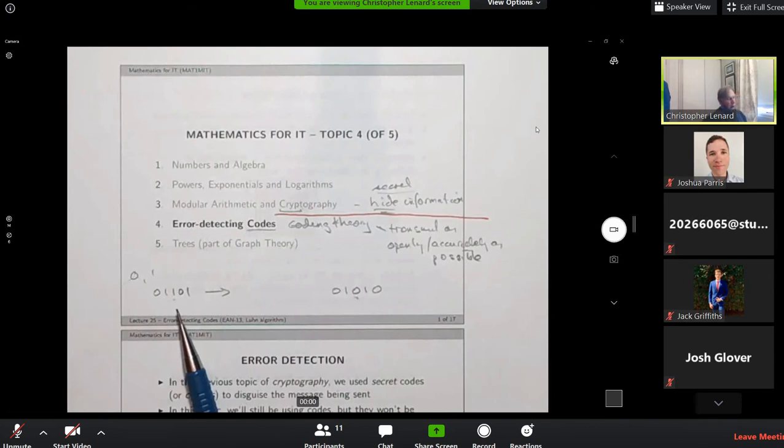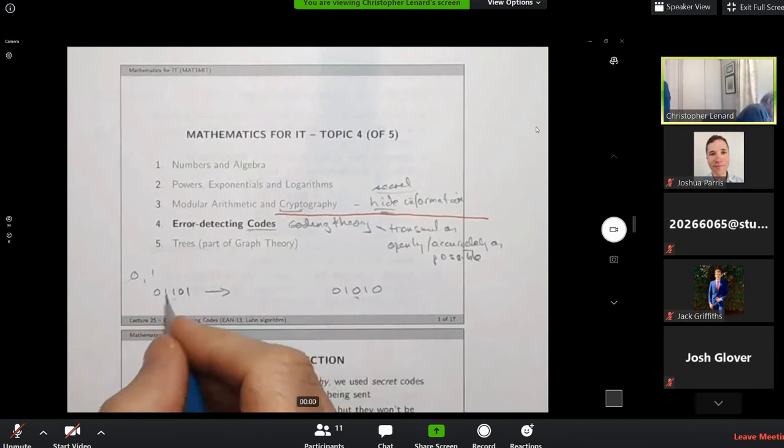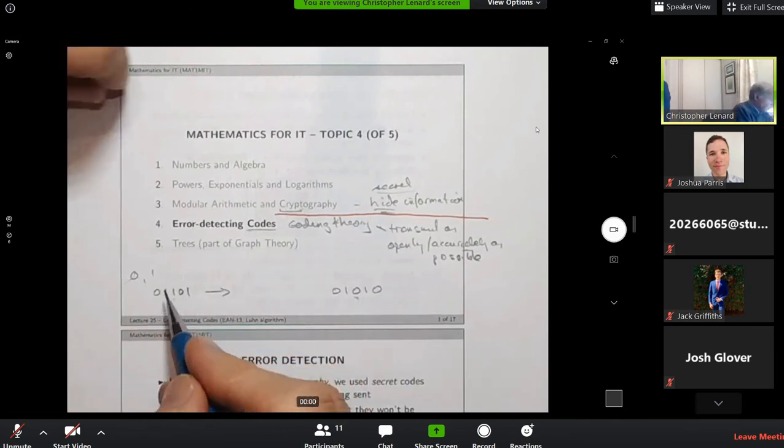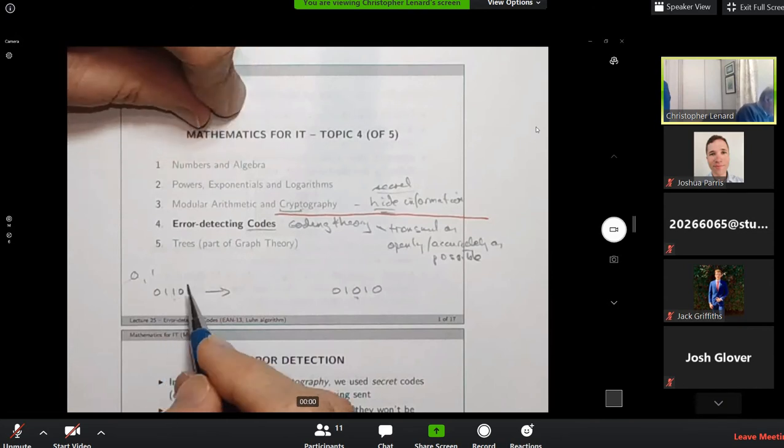So what you try and do is build in some mechanisms so that you can detect if an error has occurred, that a bit has been scrambled, or possibly to correct that error.